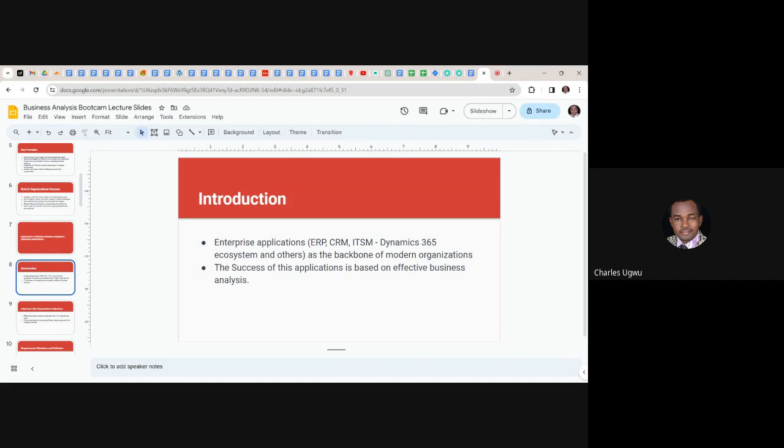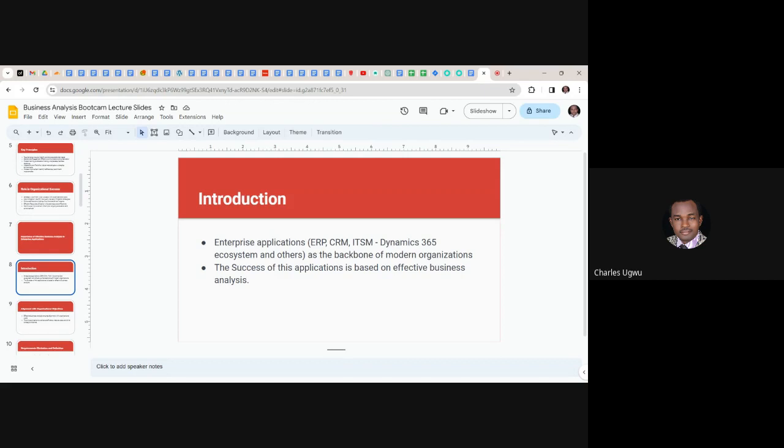That is why a lot of companies are going for enterprise applications from Microsoft, because Microsoft builds their enterprise applications in such a way that they can communicate with enterprise applications from SAP and so many other enterprise applications.